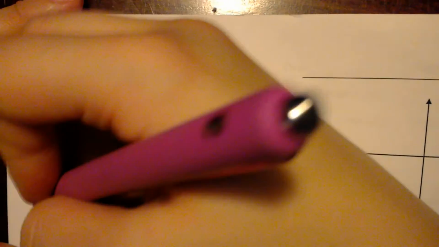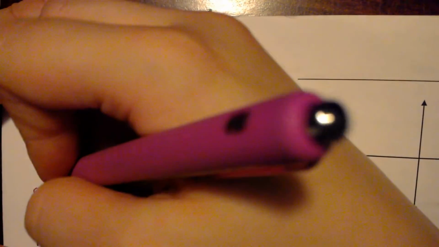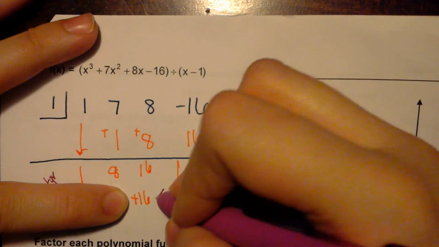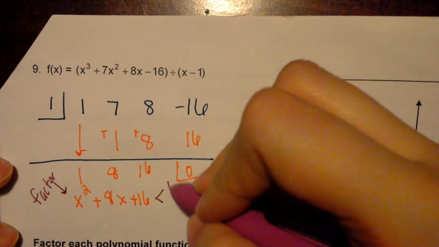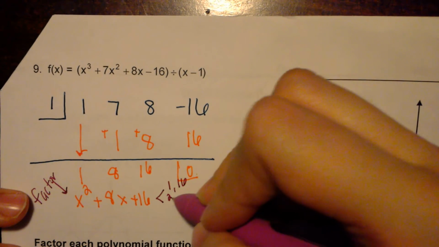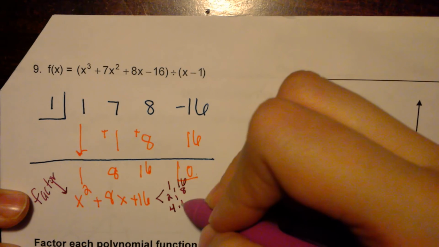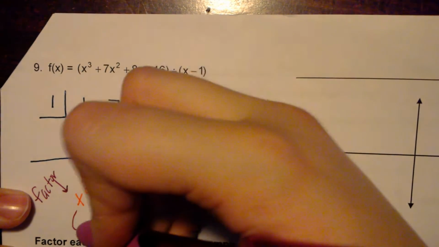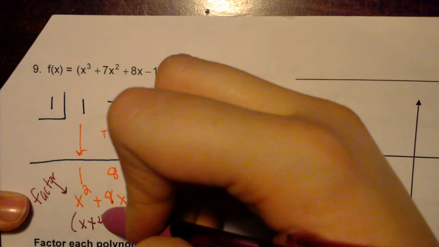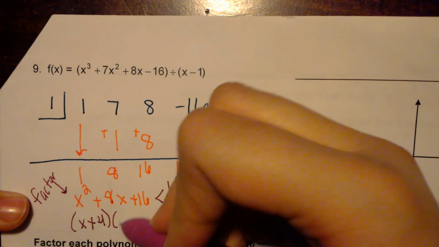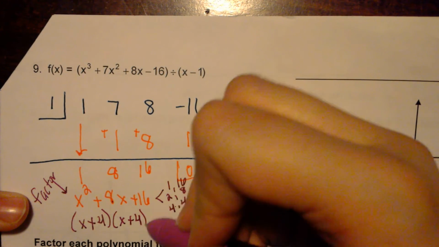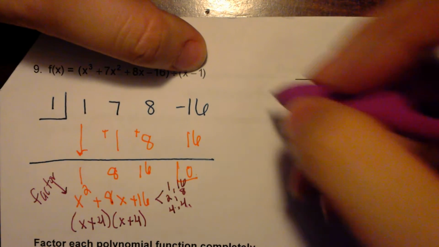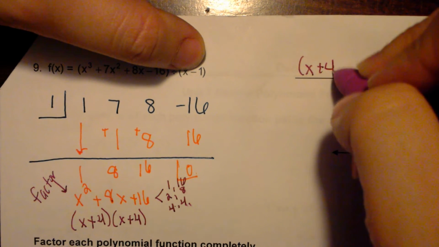And I'm supposed to factor 16. 1 times 16, 2 times 8, 4 times 4. 4 plus 4 would give me 8. So my factor, x plus 4, x plus 4. And including my original, I have x plus 4.